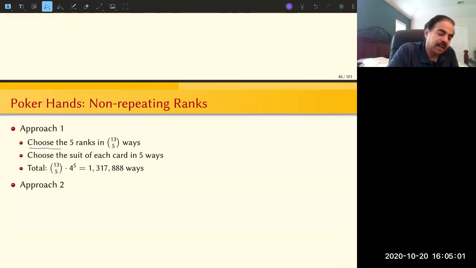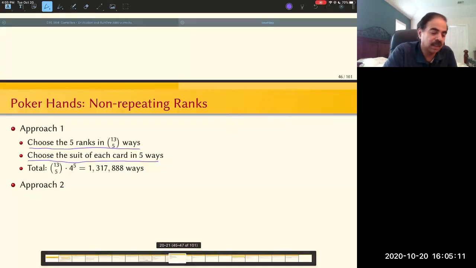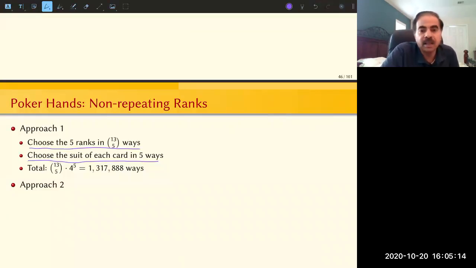So we can do this in 2 steps. You are picking the rank and the suit, one after the other, but obviously it doesn't matter. We can pick all the ranks and then pick all the suits. So the thing to remember is that if you just start multiplying, then you will end up double counting, right?